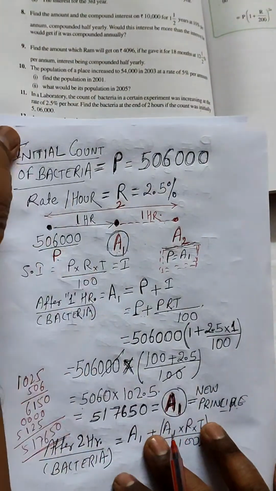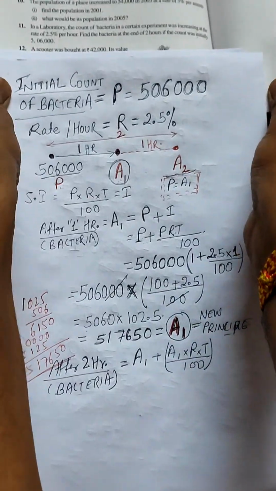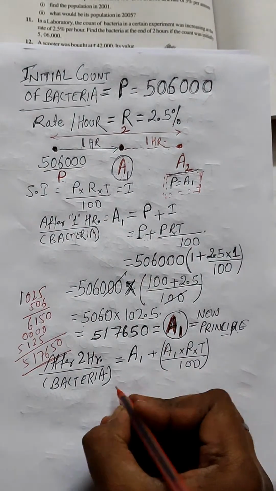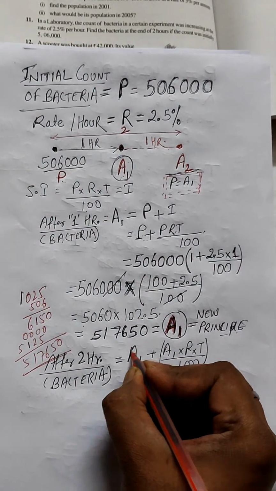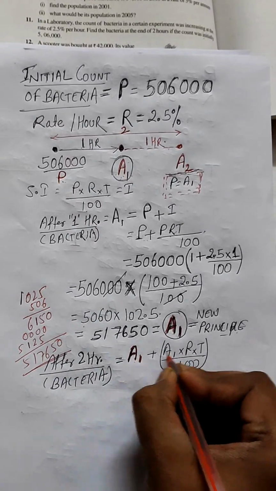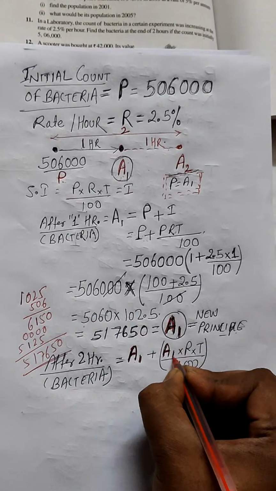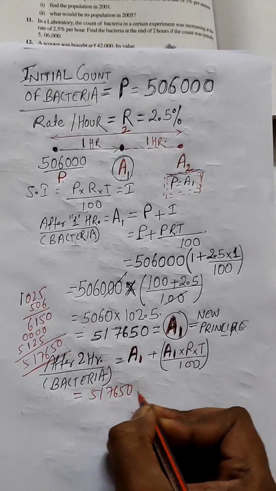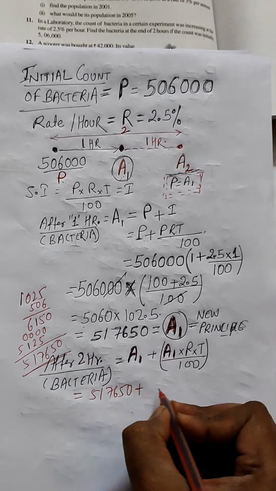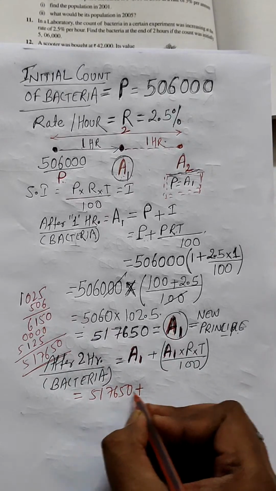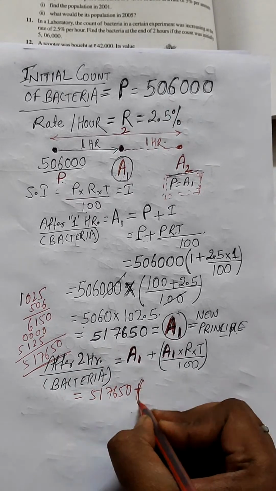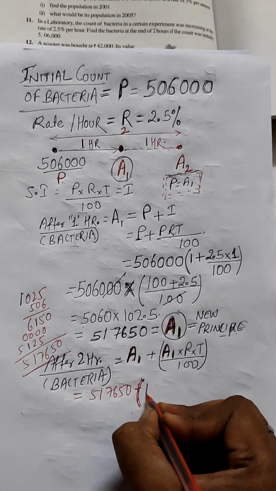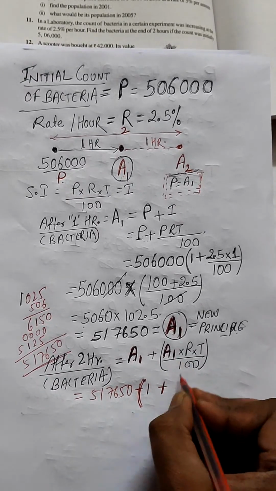Now this 517650 will be acting as a principal over here. So it will be 517650 plus, just take 517650 common, so we are left with 1 plus R into T by 100.